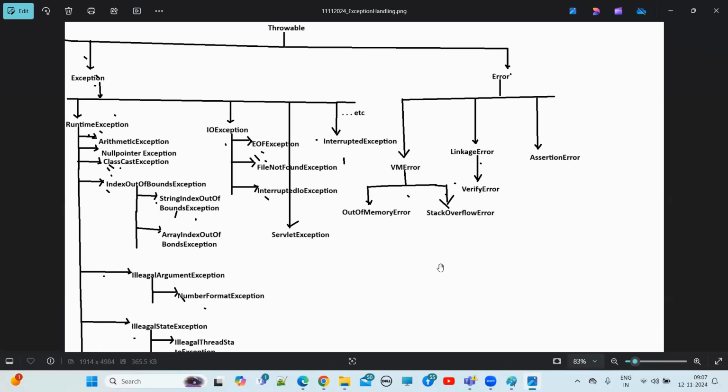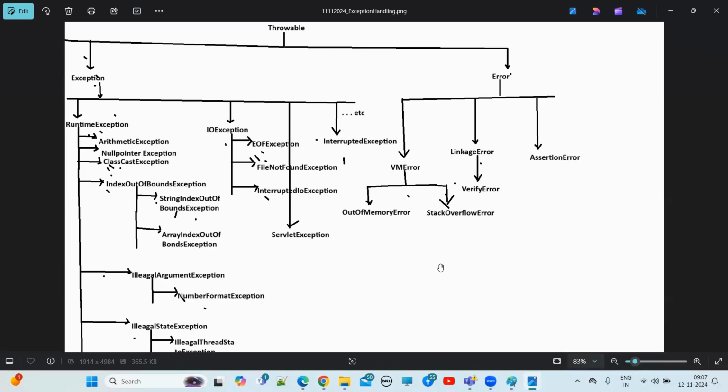Now see what the unchecked exceptions are, guys. The RuntimeException and its child classes, and Error and its child classes, come under unchecked exceptions. The remaining exceptions come under checked exceptions.